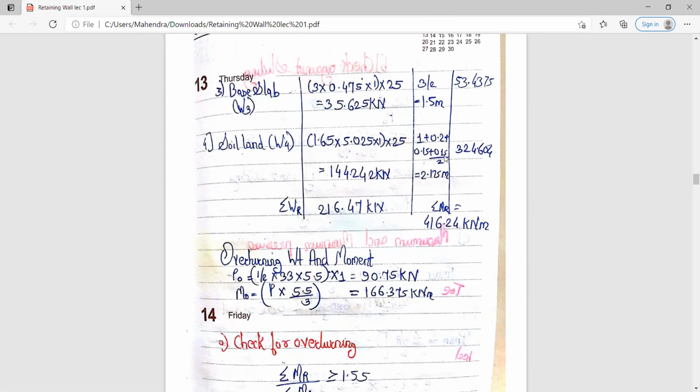And here also there will be 1.65 by 2, not 0.125. There will be 1.65 by 2.